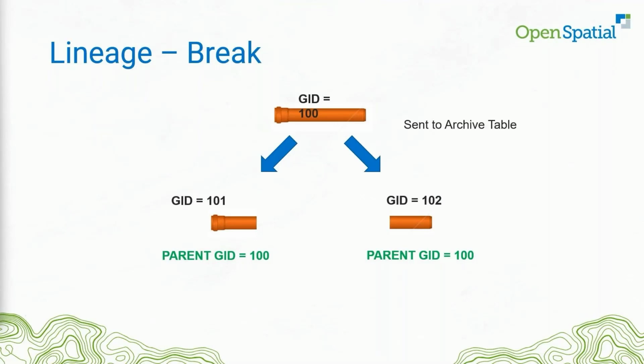So this is then sent to the archive table, so it's a delete transaction, but is then copied to the archive table before it is deleted from the spatial table, and those two new records are inserted in the pipe tables. We now know this parent GID that exists in the archive table, what is that parent GID?